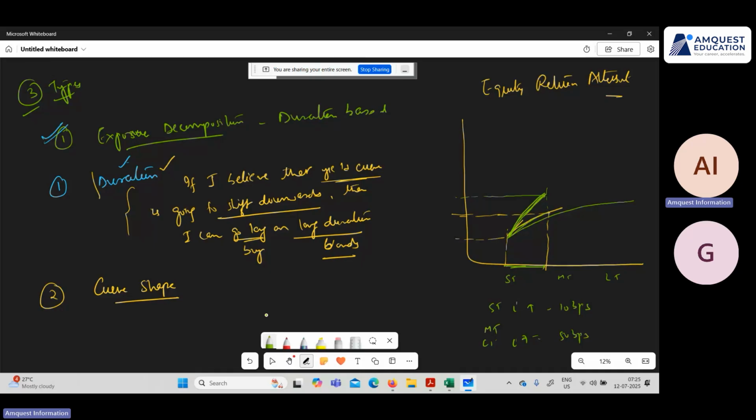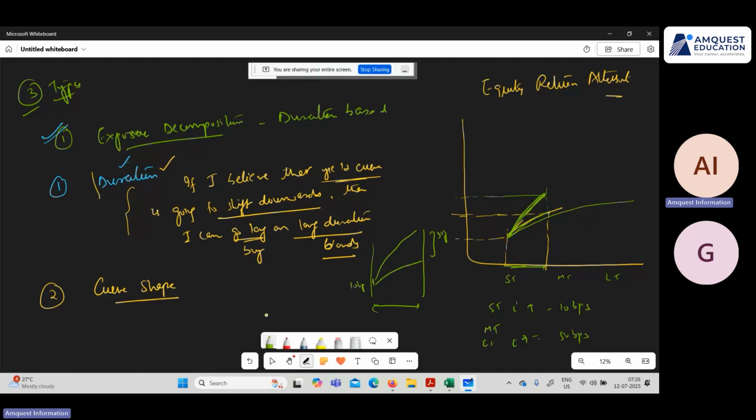From the original level, this will become something like this. But in this, the duration, correct. Right? So this movement is still the same, because this distance is the same. So I'm not playing around with duration for now. Got it. Yeah, this is still the same. I'm not playing around with that, but I'm saying it has steepened. Right? So this is 10 bips and this is 50 bips.